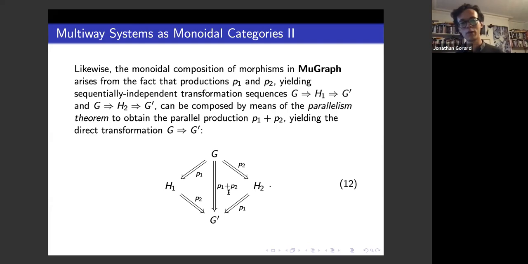And this parallel production, P1 plus P2, we can think of as being like the monoidal product of P1 and P2. So we have both sequential composition and parallel composition, or monoidal composition, of morphisms.